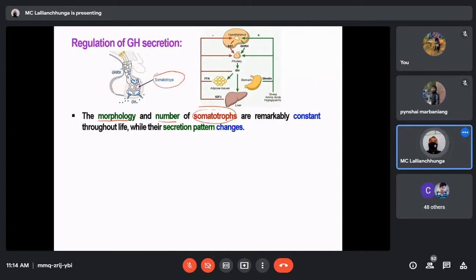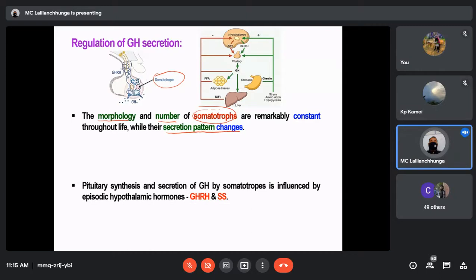Their number as well as their morphology are usually constant throughout life, from birth till death. But when a person is becoming older and older, the secretion pattern of growth hormone changes.